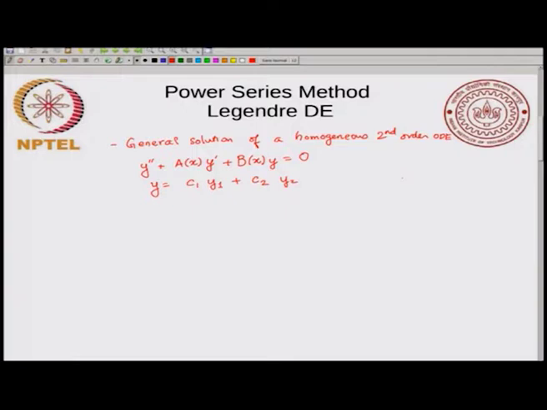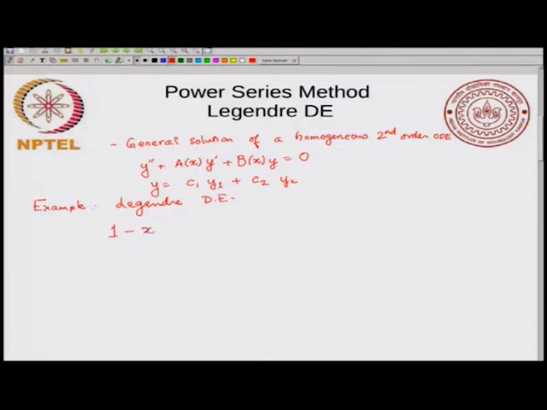So, the example that I will use to illustrate this is one example; you can take many different examples. This is called the Legendre differential equation. I will write the differential equation, and we will solve it using the power series method.